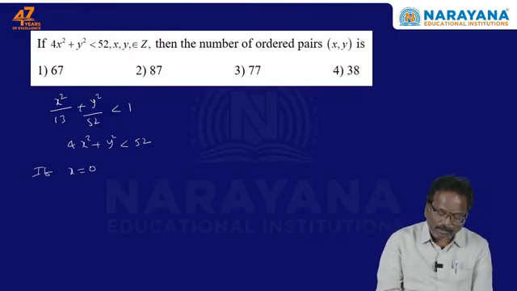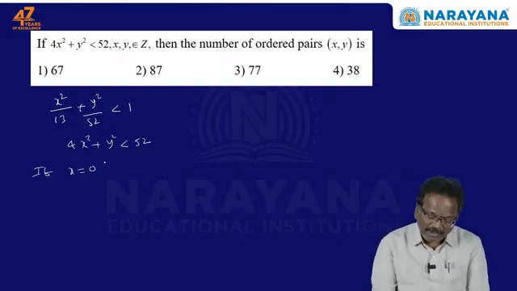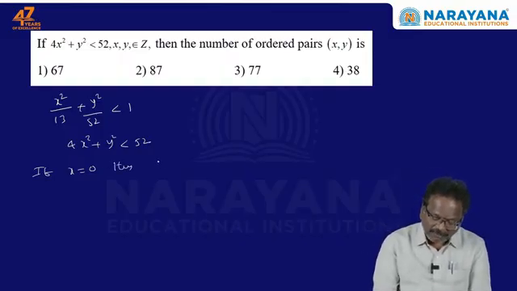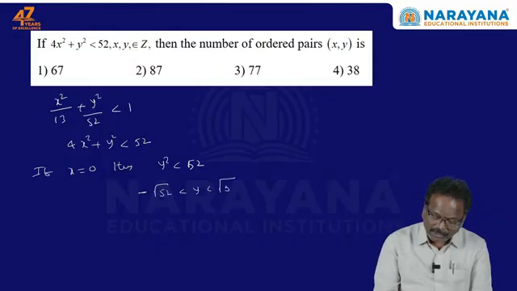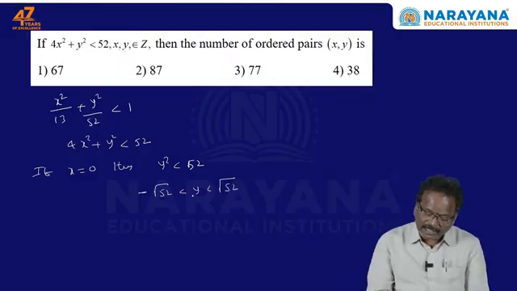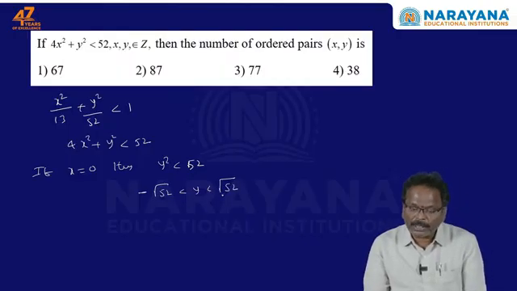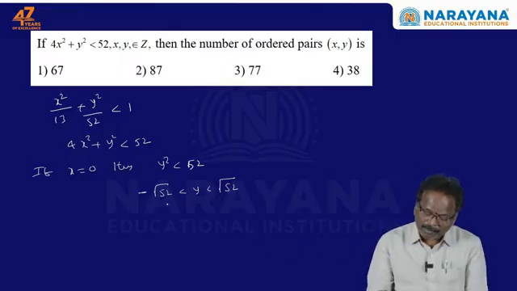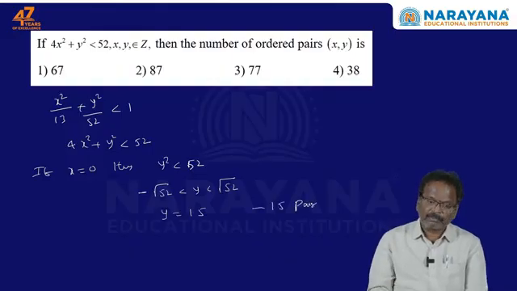How many integral values are possible for y? If x is 0, y square is less than 52, so y lies between minus root 52 and plus root 52. Root 52 is about 7.1. Therefore, the integer values for y are 15 only. So if x is 0, you will get 15 pairs.